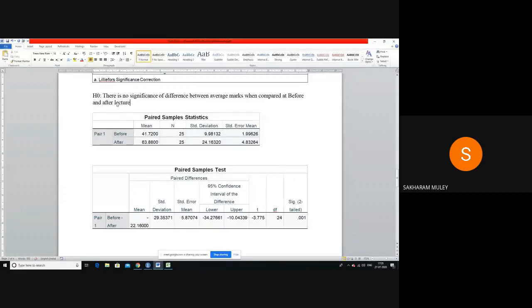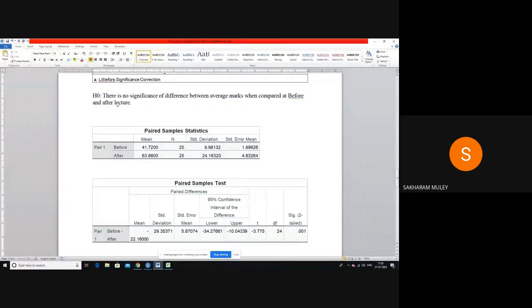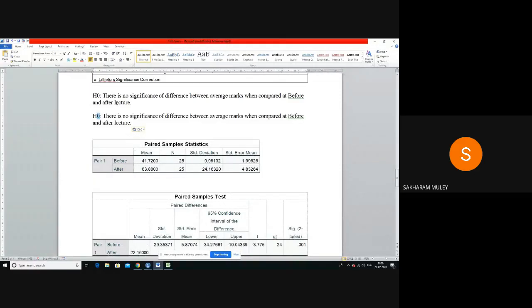Okay, we'll follow one pattern only. And now the alternate will be there is a significance. So it is H1, and there is a significance of difference.